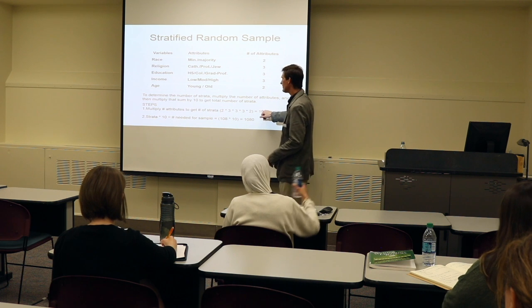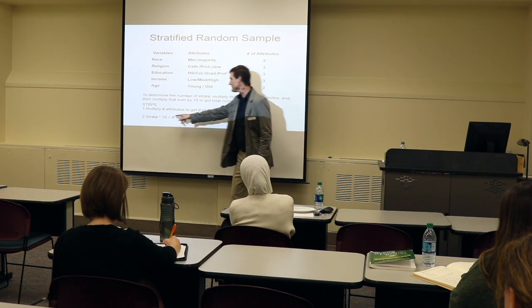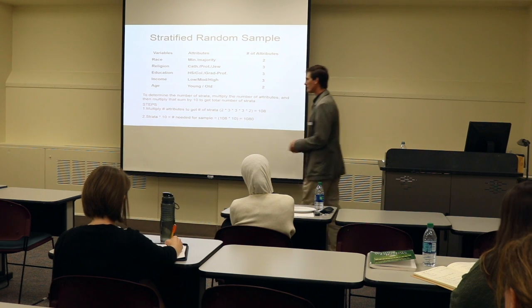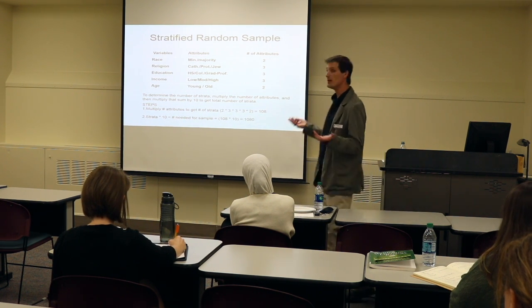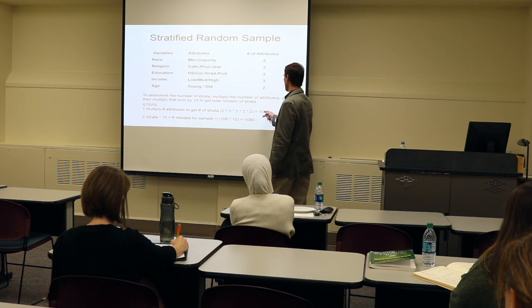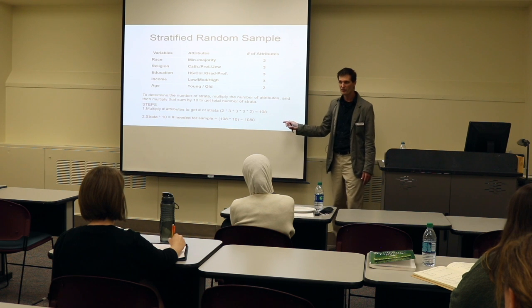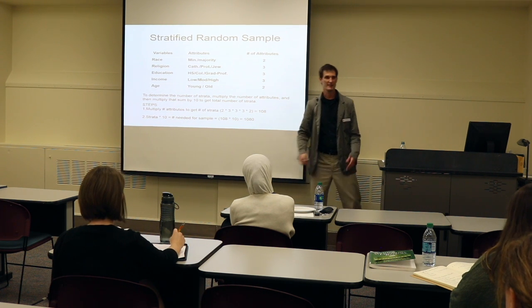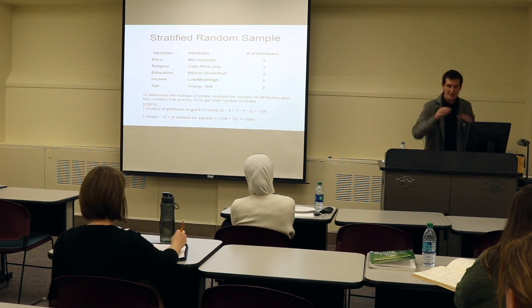Then we multiply that by a constant, 10, to get the number of individuals we need in our sample at a minimum. So if we've got 108 boxes and at least 10 people in each, our minimum sample size is 1,080 people. Make sense? It's a lot of details.